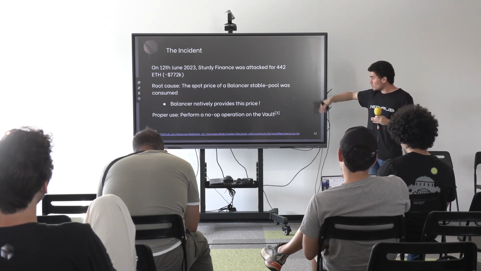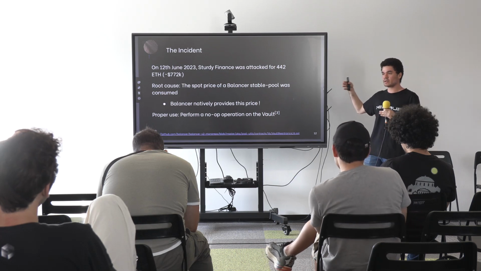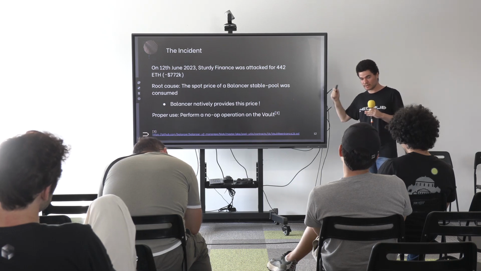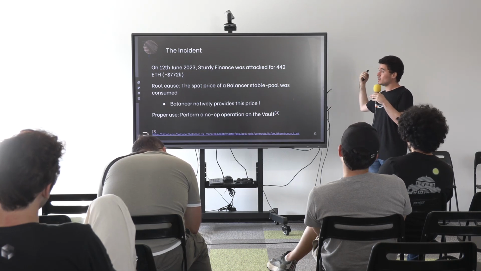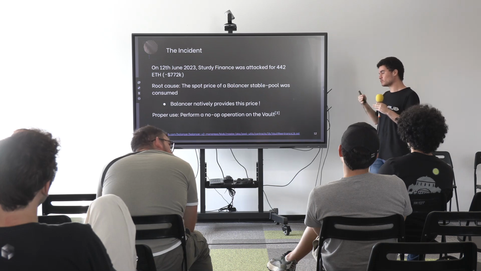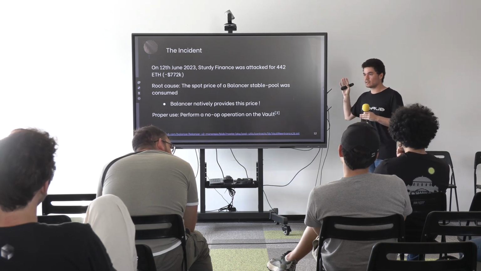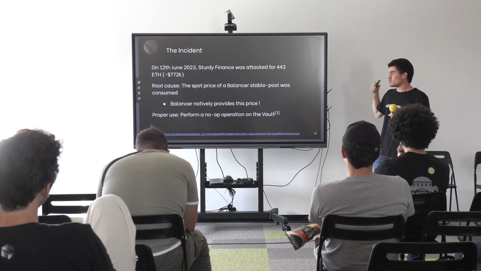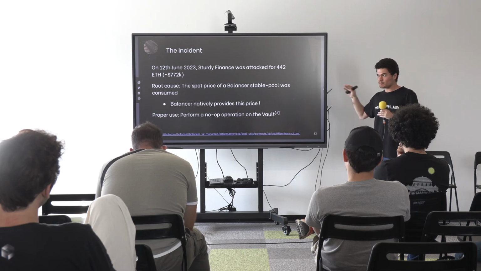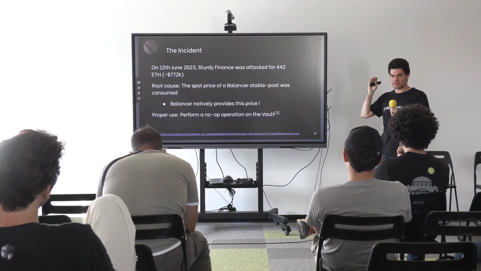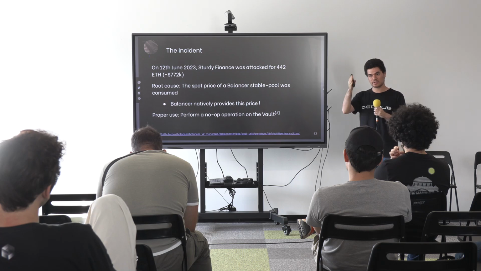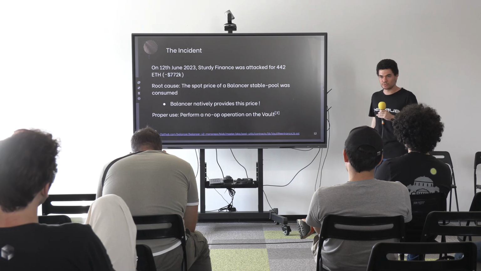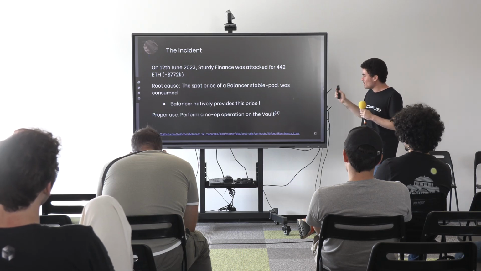I will not go through the code of Sturdy and show you the oracle code that reads off Balancer, but we are interested in how our analysis could be adapted into detecting the read-only vulnerability in the Balancer vault. Before diving in, this might remind you of the read-only issue that ChainSecurity had discovered on Curve, so a shout out to ChainSecurity.